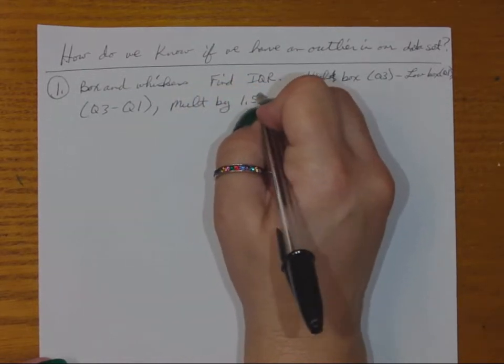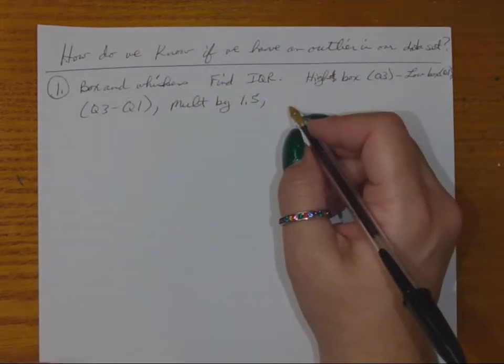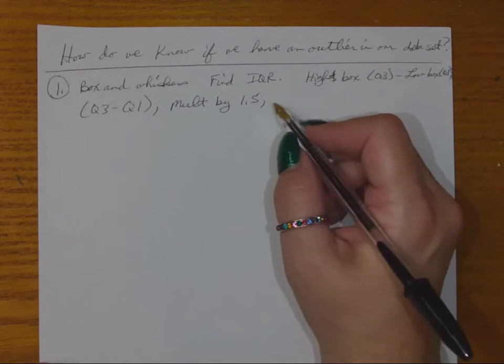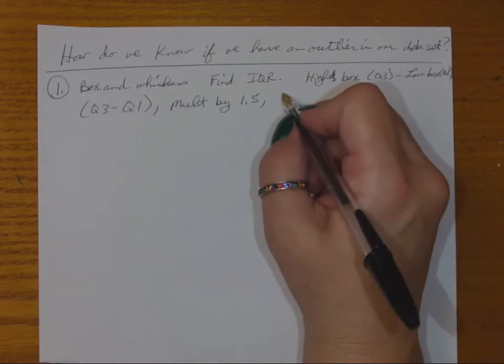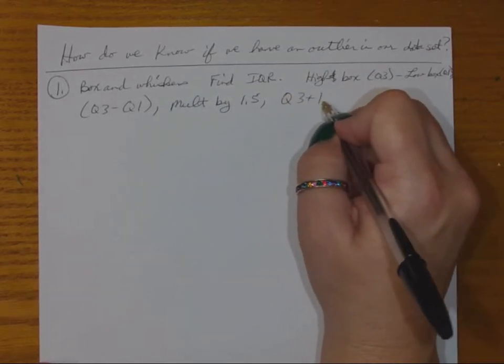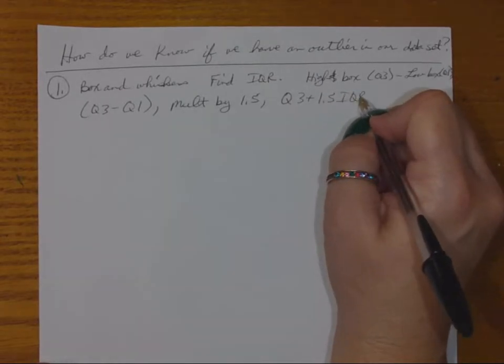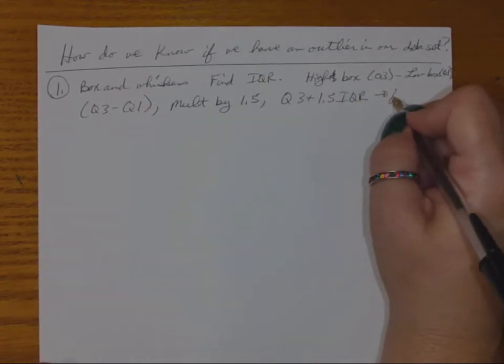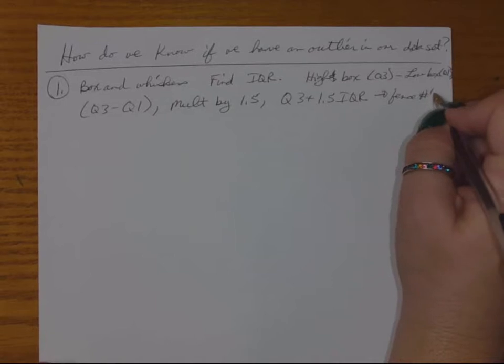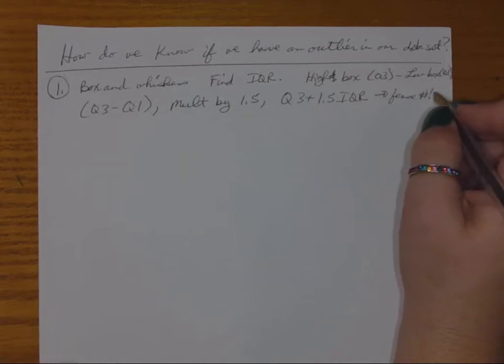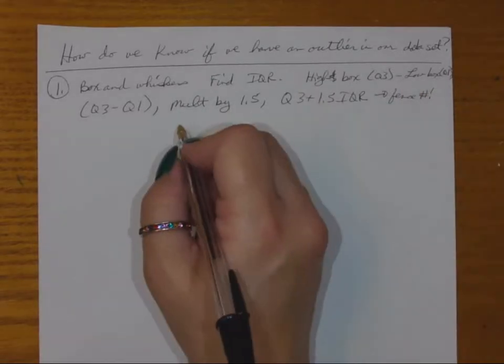Go watch the video on box and whiskers if you're not sure. It's one of the more modern graphs that we had. Q3 plus 1.5 times the IQR gives me a fence number. Any data point above that fence number, and I have an outlier.